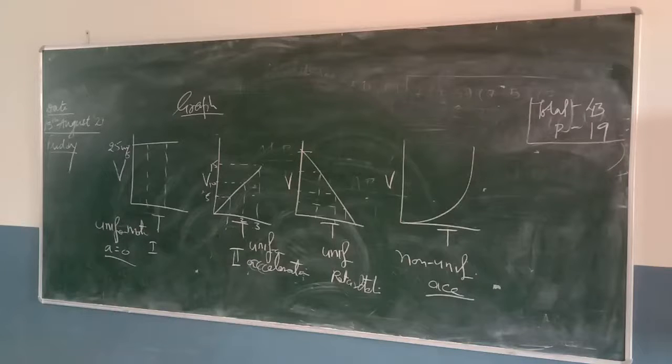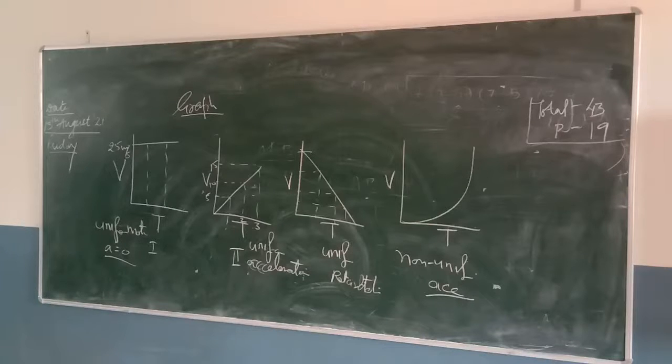So in next class you will show me what type of graph you draw. You have to make a velocity time graph of a ball which we throw in upward direction, and you will make this graph yourself, and in next class you will show me what you have drawn.